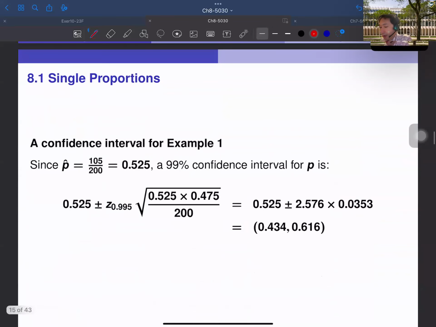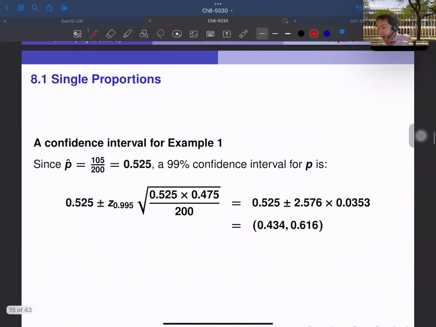So in our question, we use the p hat here. Then p hat plus minus z sub 0.995, so we are calculating a 99% confidence interval. That is 0.525 plus minus 2.576 times this quantity. This is 0.0353.